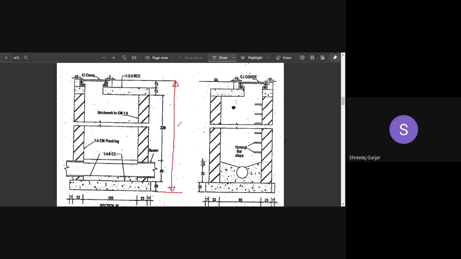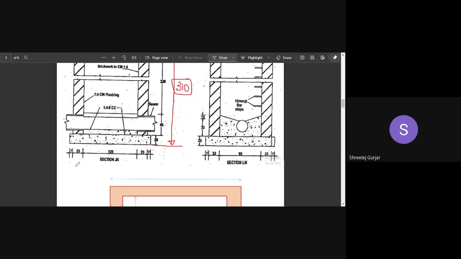It is 300 something, I guess. I think it is 310. Is it correct? Can anyone confirm? 310, right? So depth is done.